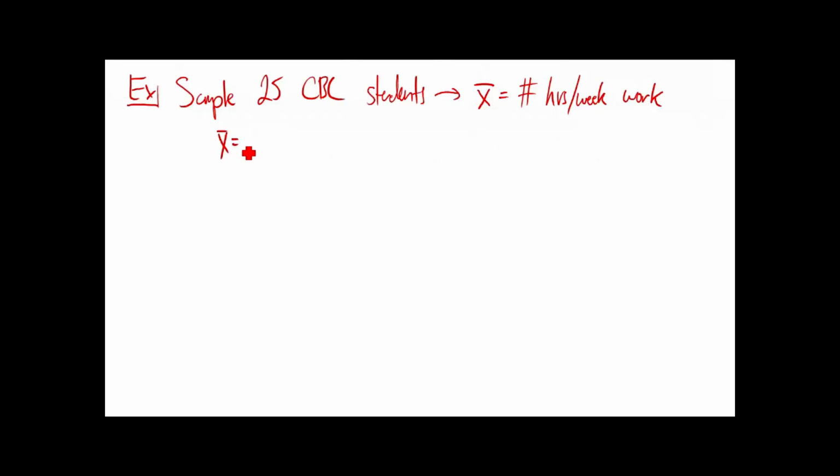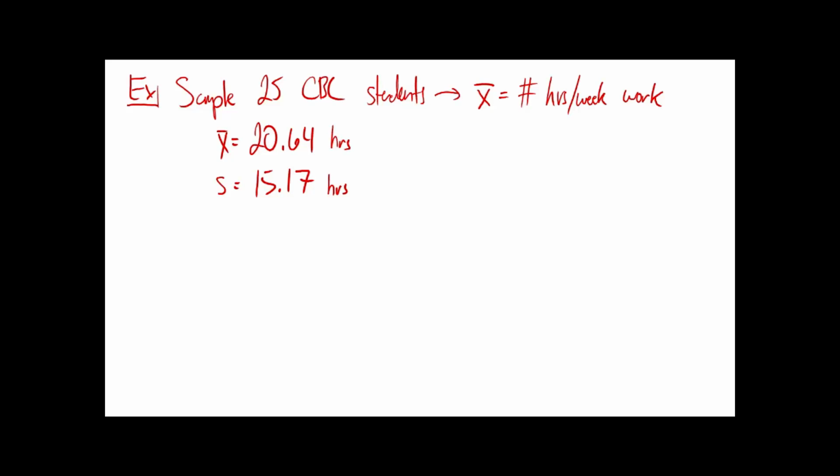So our x bar was 20.64 and our standard deviation was 15.17. We're averaging a little over 20 hours, but that's pretty variable.